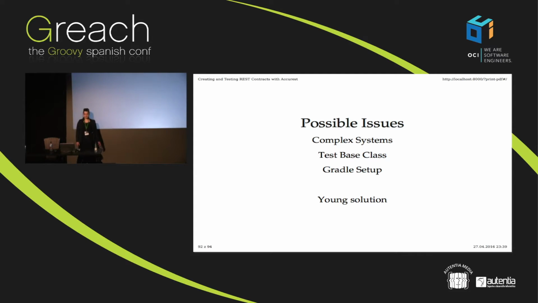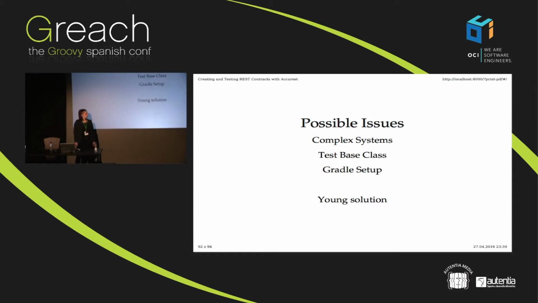So it is possible to use it in big systems, but it's really designed mostly for microservices and smaller applications. Because, yeah, in the test base class, you would have to have a lot of setup.